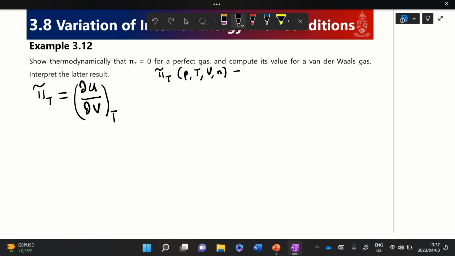And of course, we can use equations of state.